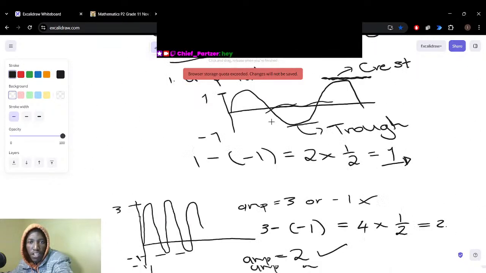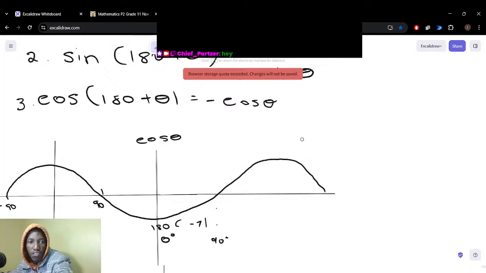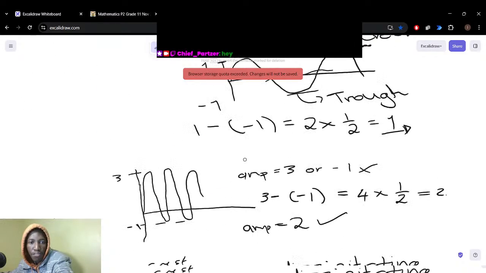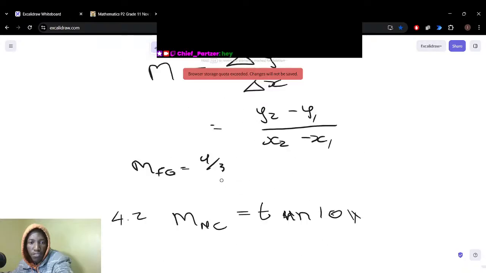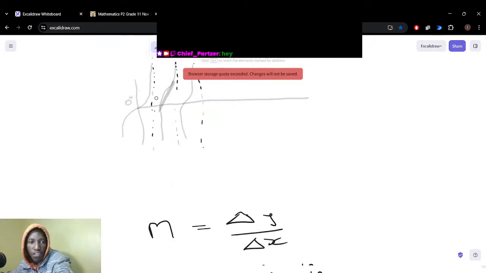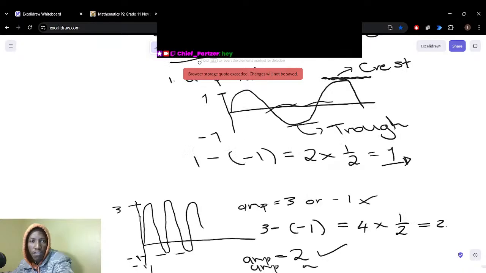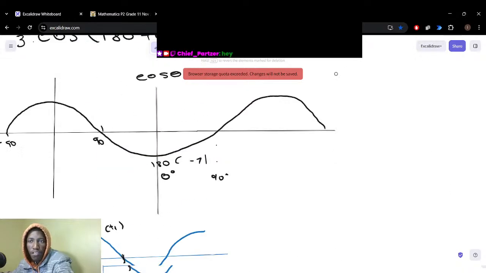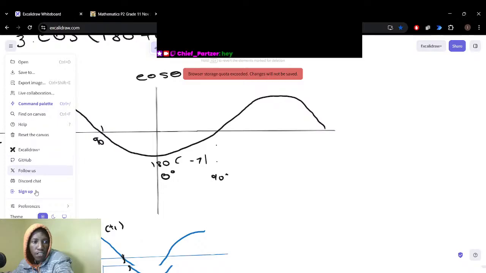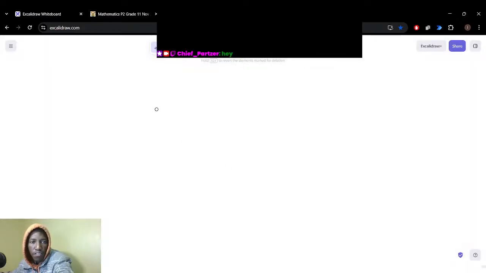Let's just clear this up. I'm going to use this space. How do you clear everything in just one click? Clear all. I think reset canvas. Okay, all right.